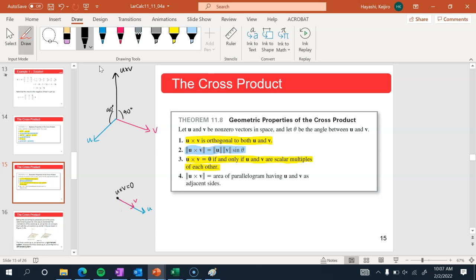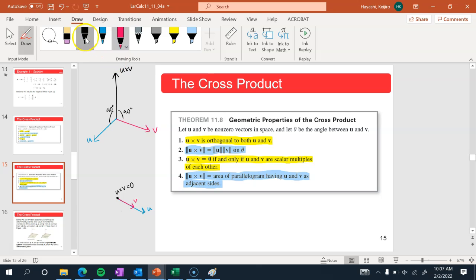And the most geometrical of these things is that the magnitude of u cross v, so always this is supposed to be a positive number, is the area of a parallelogram where u and v are the sides.